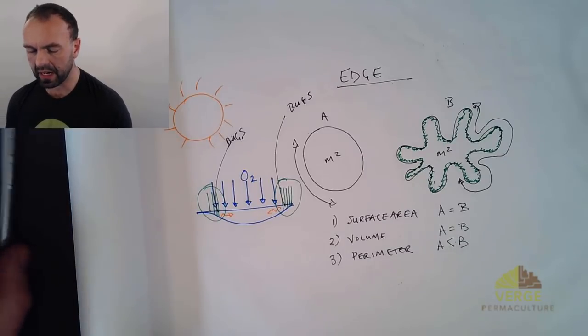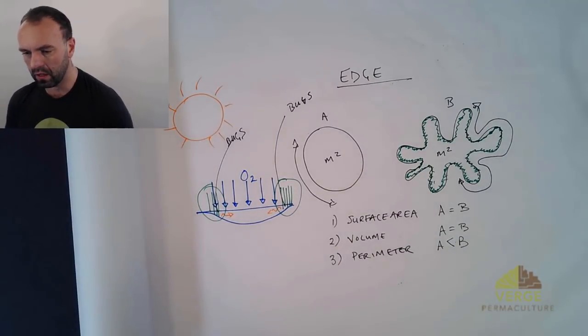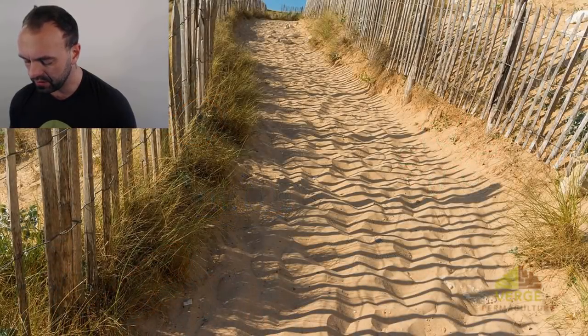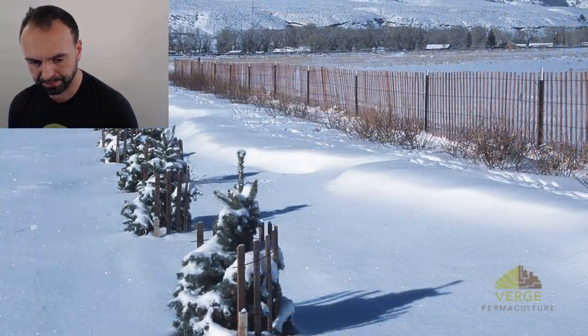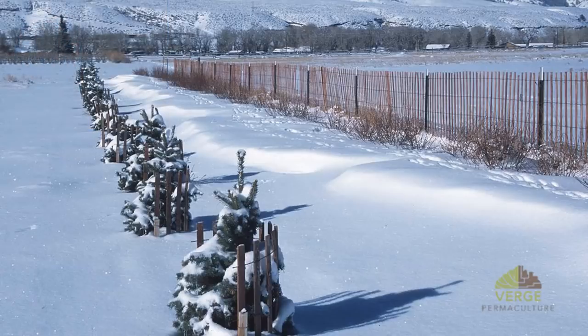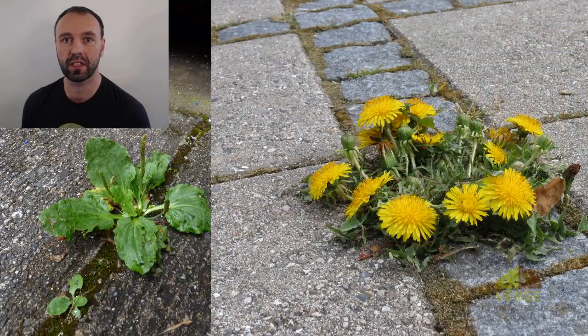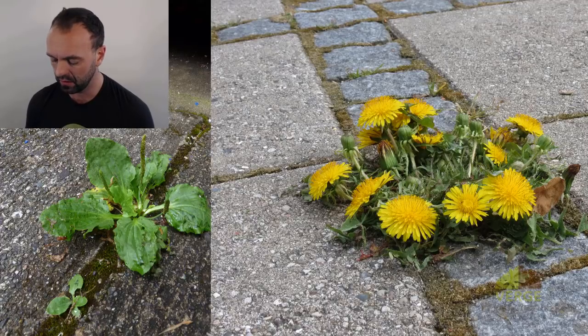Now we can see this effect in multiple other domains as well. So for example, fences are edges on fields, and they accumulate nutrients. We also can see how fences will accumulate snow in the wintertime. Cracks in sidewalks are edges that accumulate nutrients, and over time, that's where we typically have plants.